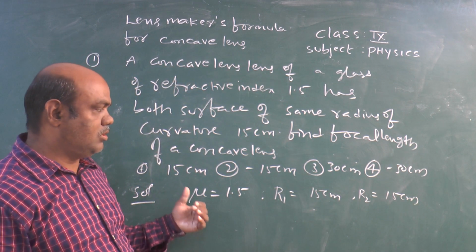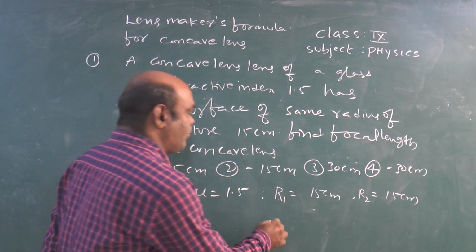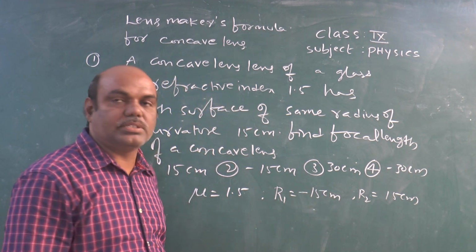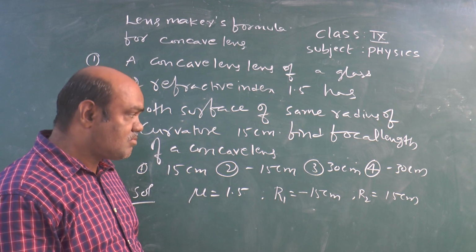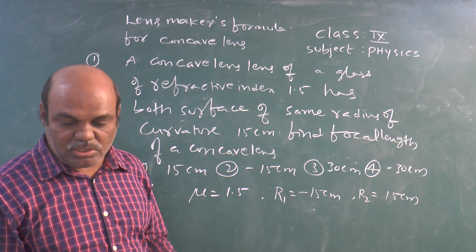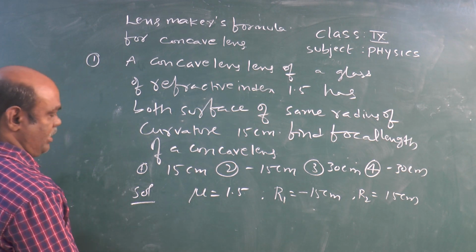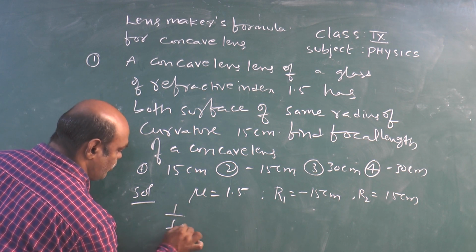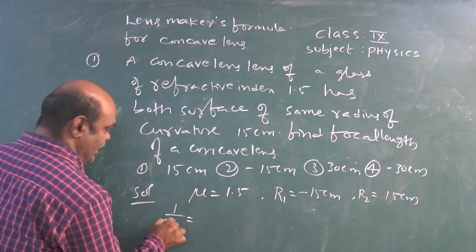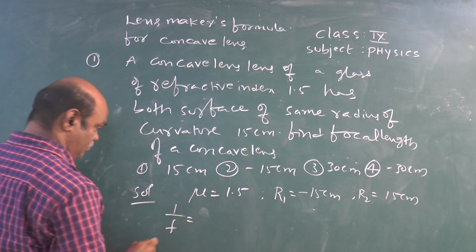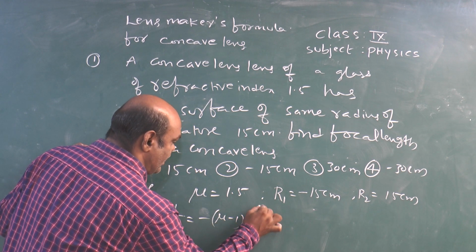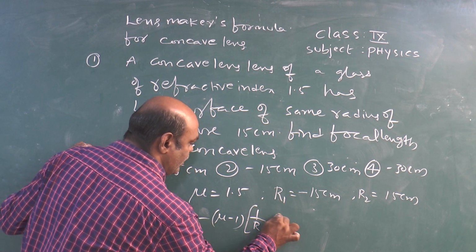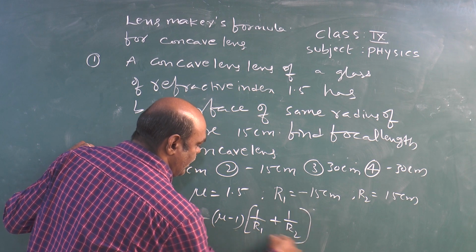But according to sign convention, we should take R1 as minus 15 centimeter and R2 as plus 15 centimeter. Our aim is to find the focal length. The basic formula is 1 by f equal to minus of mu minus 1 into 1 by R1 plus 1 by R2.